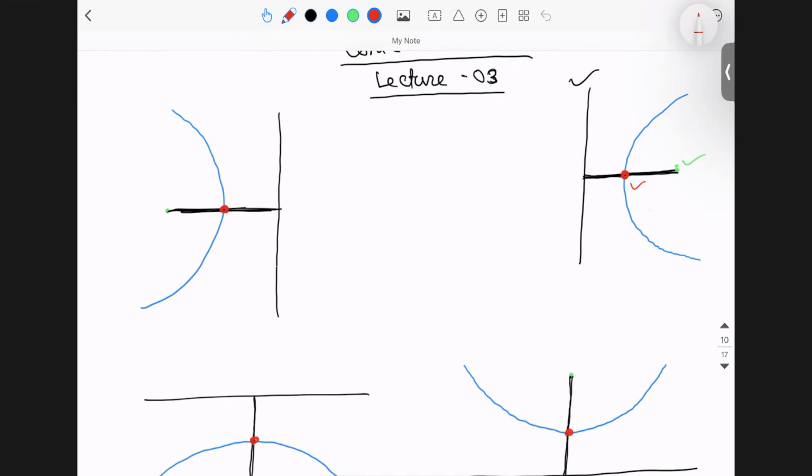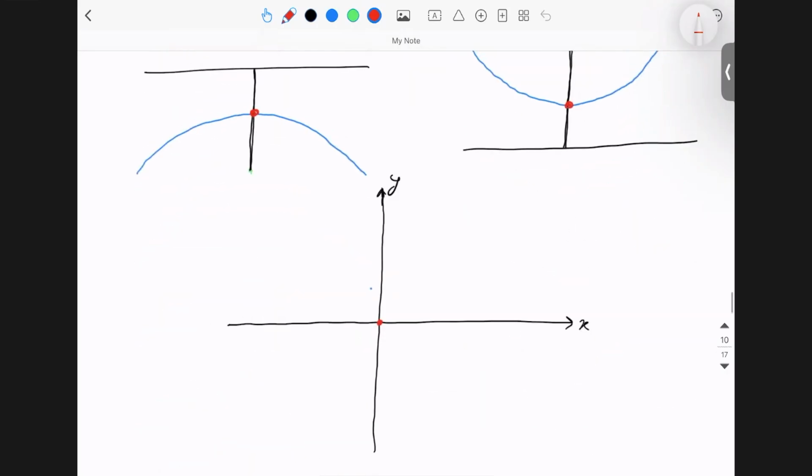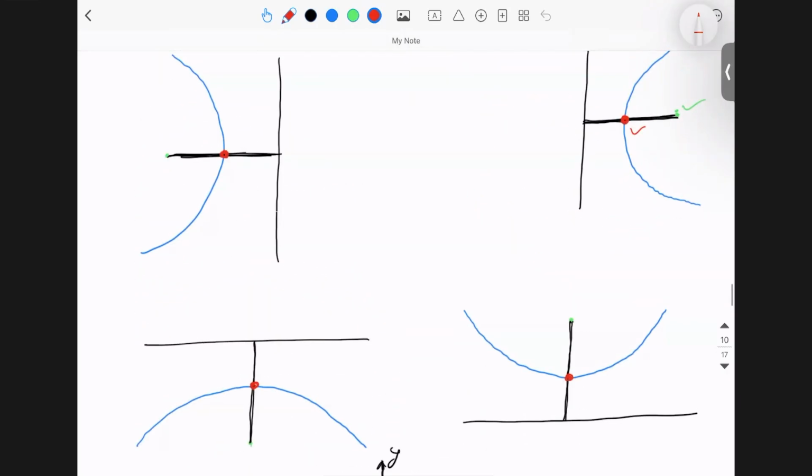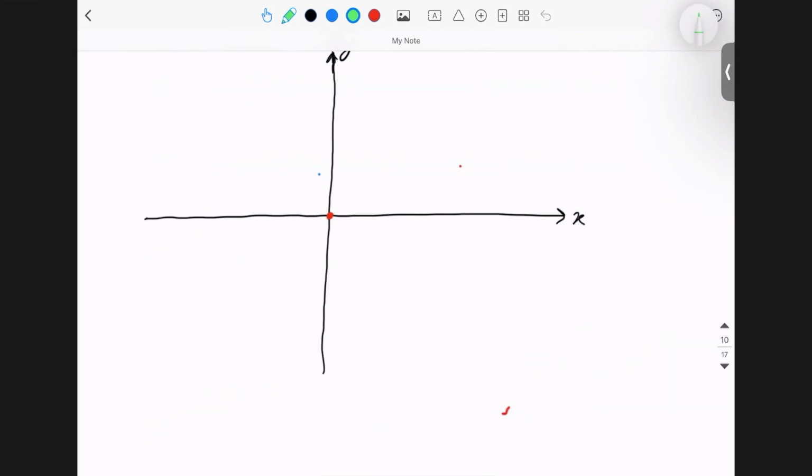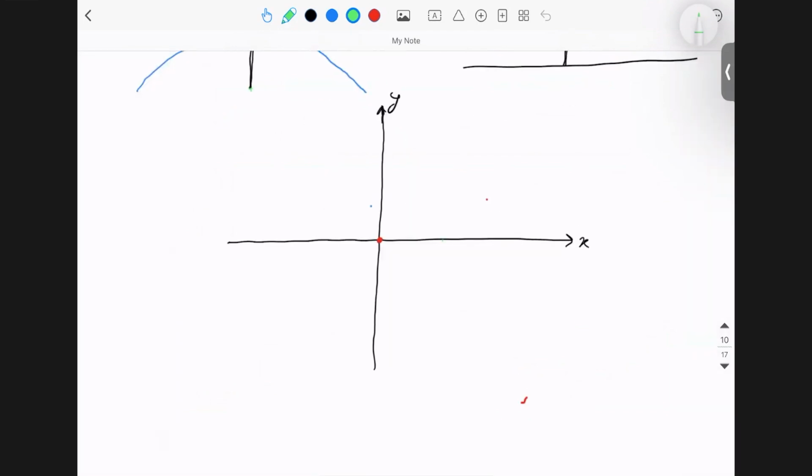So I need two more conditions: the red point should be the origin, and the green point should be lying on some axis. Okay, so this is the y-axis, and the x-axis we have. So the green point can be at these positions, either this position or this position or this position or this position.